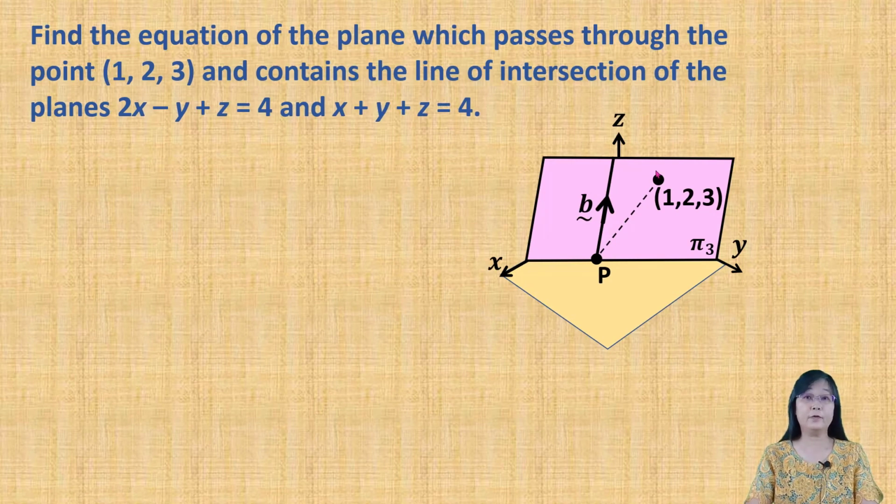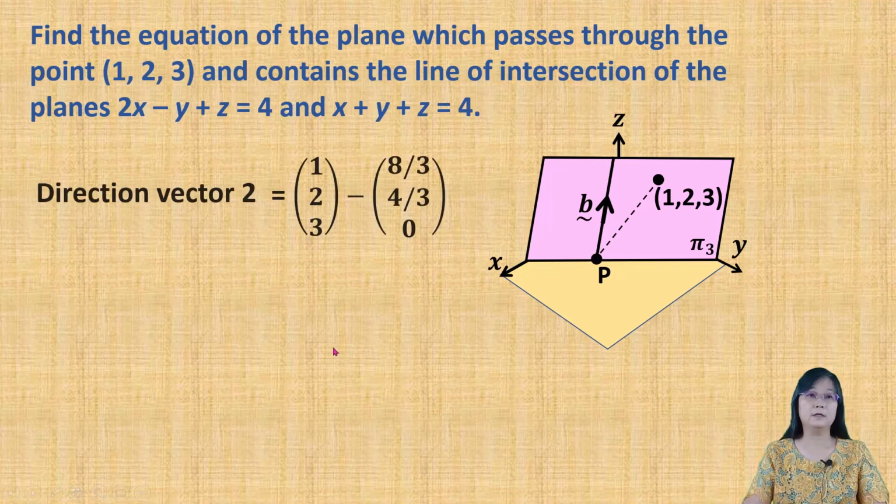Now I have 2 points. One is the point given in the question, the other one is the point which is on the intersection line. Since the intersection line is on the plane, this point is also on the plane. Now I can find the second direction vector.